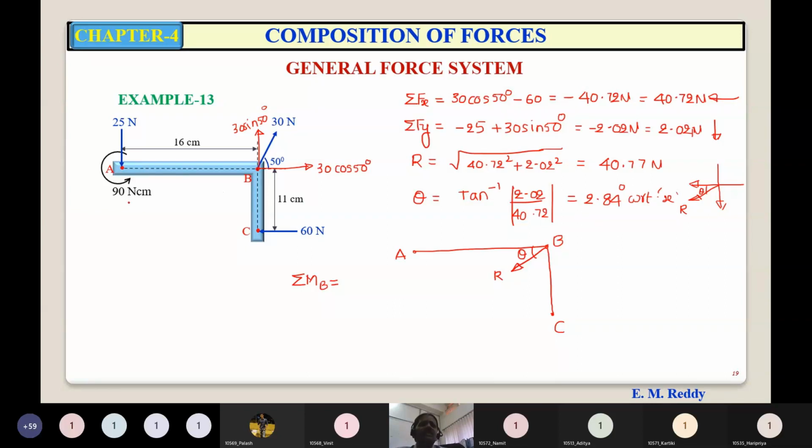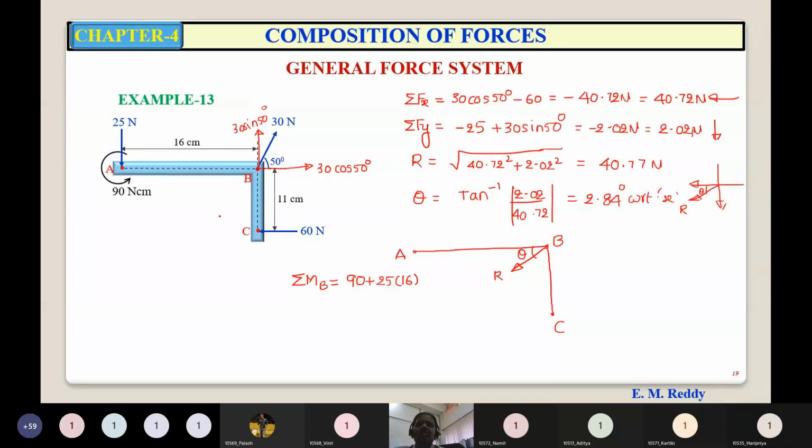What is the moment of this couple? 90 Newton centimeter, simply plus 90. The moment of 25 is again anti-clockwise, so plus 25 into 60. Moment of 30 is 0.